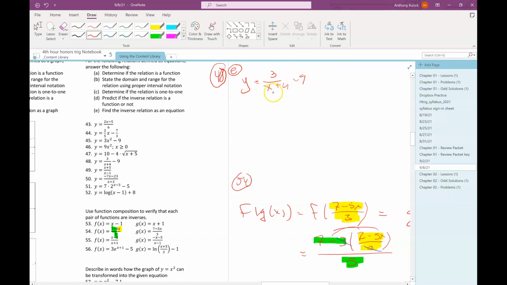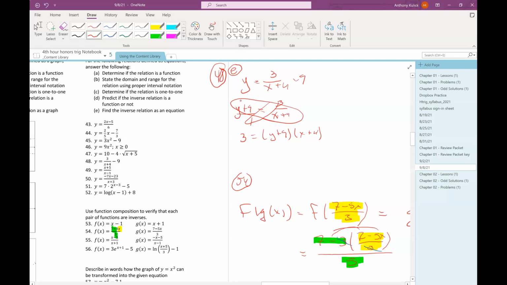So I'd add the 9 over to start. And then I would cross multiply to clear the fractions. Okay with that? Cross multiply the fraction. Just doing that, like what you'd use to solve a proportion.